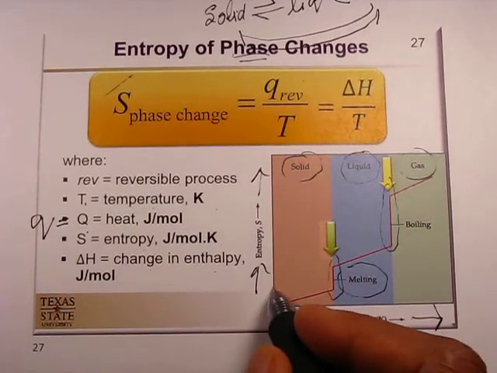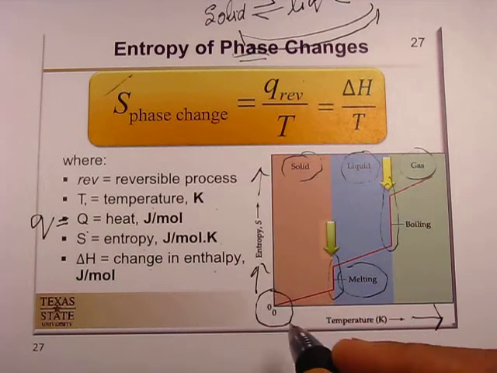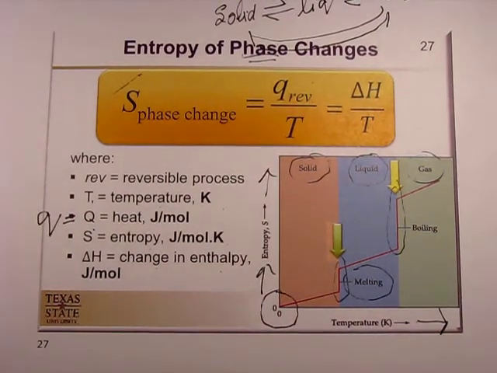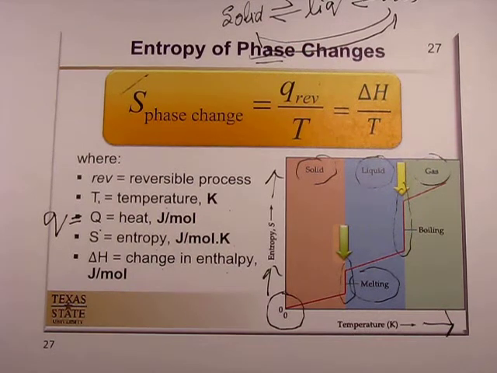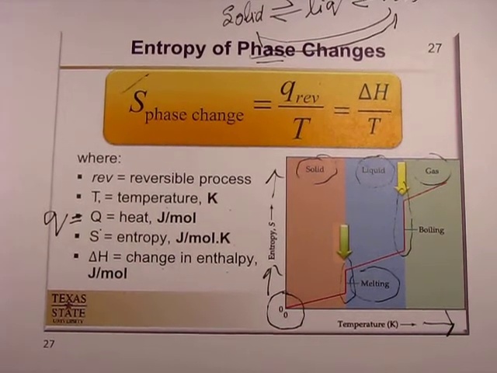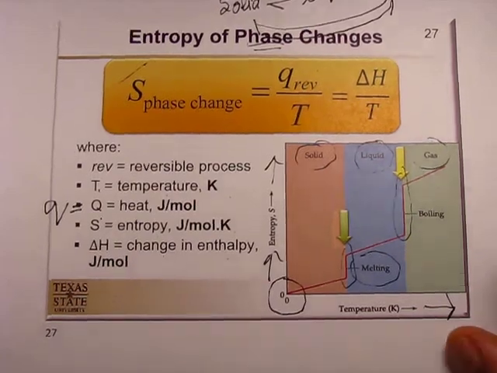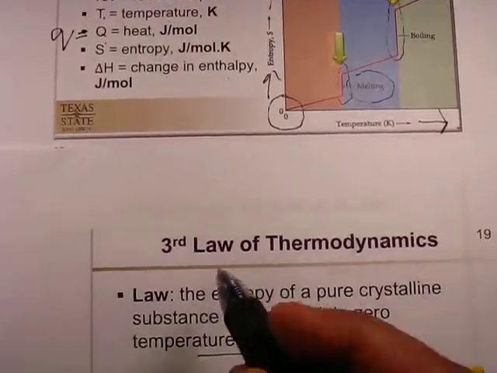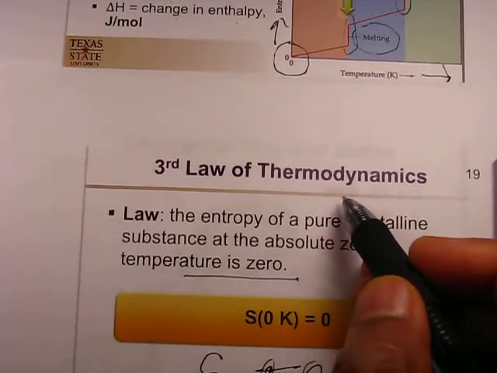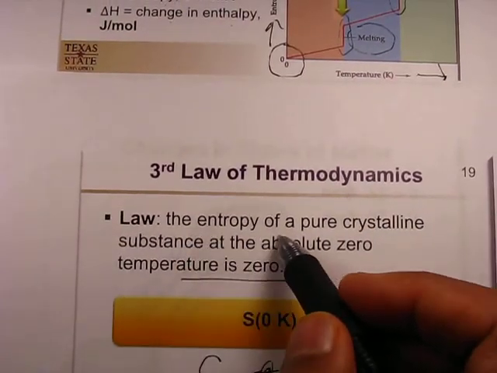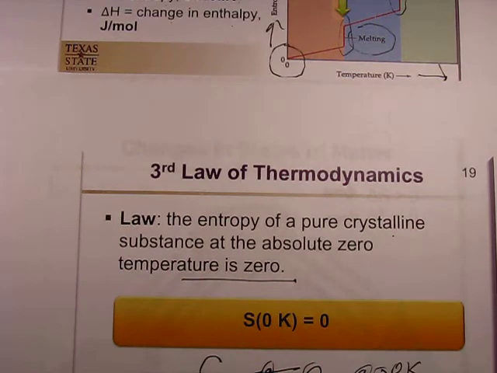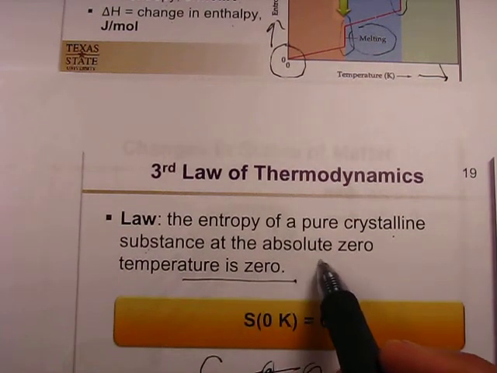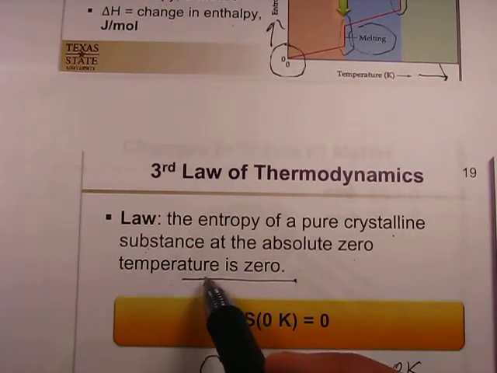So what is going on at this point, where the temperature is 0 and entropy is also 0? I would like to remind you that this is where the third law of thermodynamics comes in, which says the entropy of a pure crystalline substance at absolute zero temperature is 0.